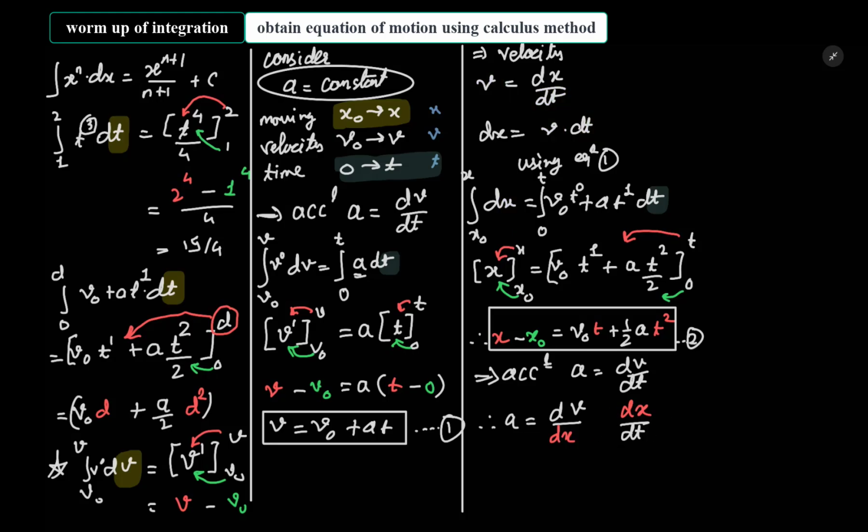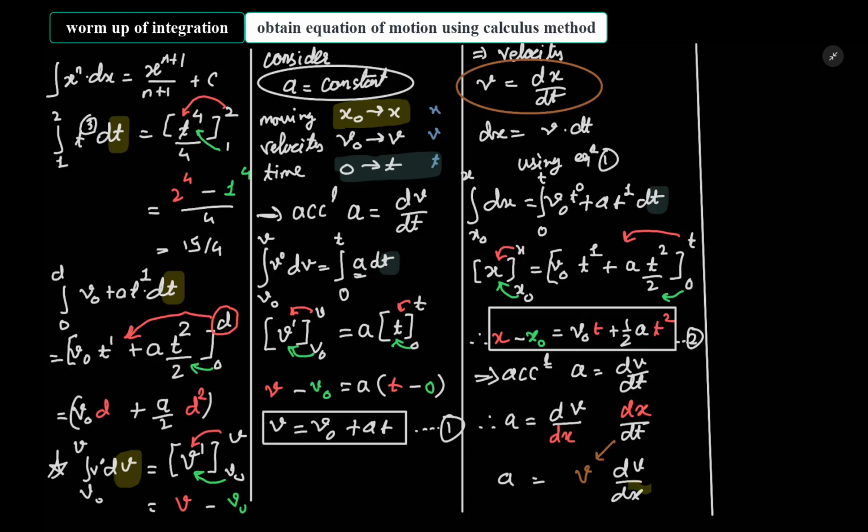Now we already know that dx by dt is nothing but v. So here we get a is equal to v into dv by dx. Let's move dx to the left hand side. So we will get a dx, and on the right hand side we will get v dv. So we are ready to integrate both sides.